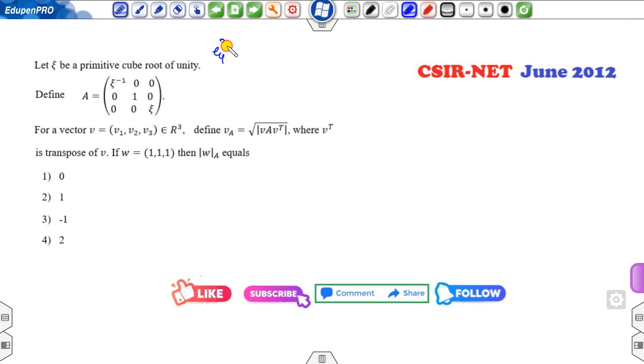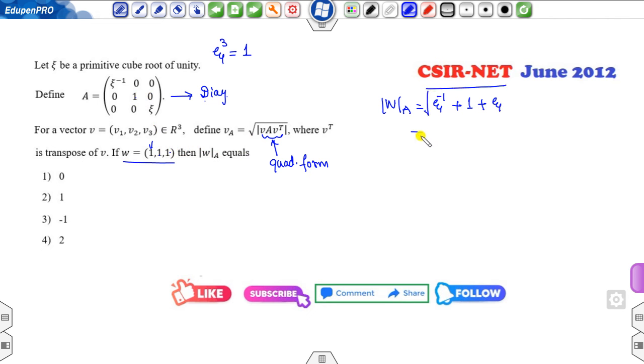Xi is the cube root of unity. Again, you can see this is a diagonal matrix, and this is a quadratic form. Then W is given to you, or you can find the value of W A. I can choose this number and the first eigenvalue: 1 into 1 is 1 into the first value, plus 1 into 1 into the first value.